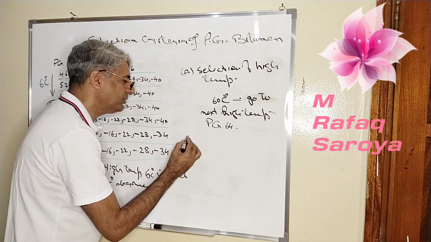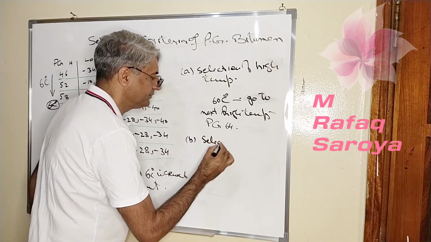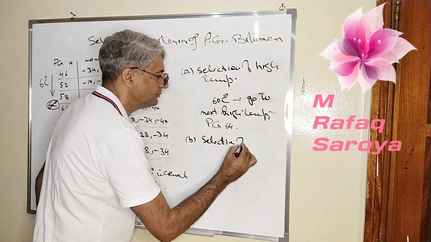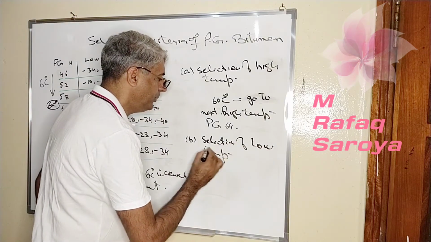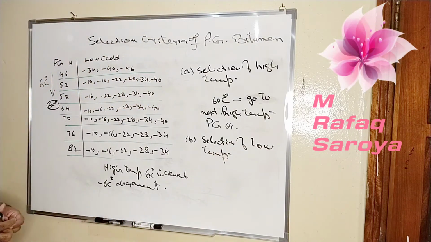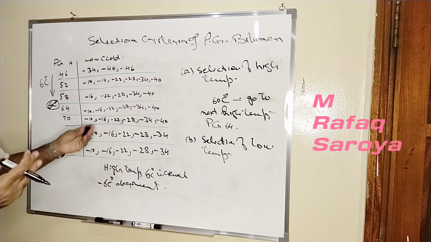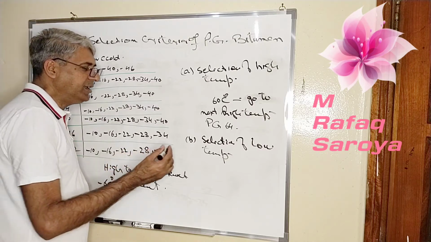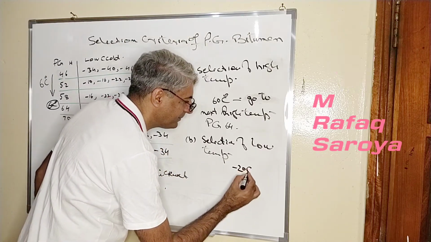And the second conclusion, selection of low temperature. Suppose in a certain region, we have gone through the overnight cooling temperature, and after applying the certain condition, it is observed that the temperature is minus 20 Celsius.